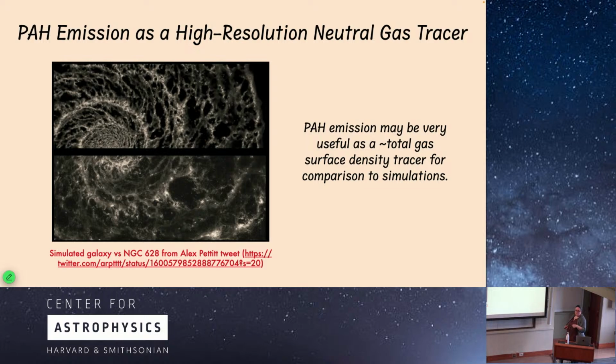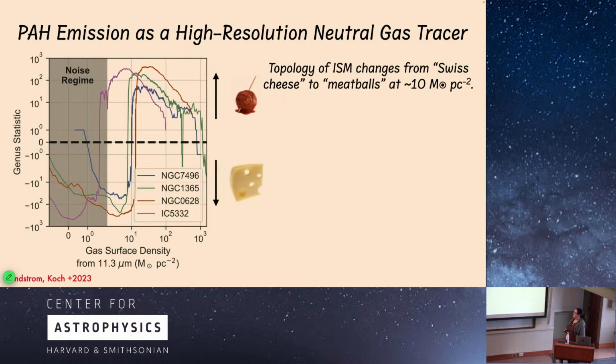So to take advantage of that, Eric and I did something that was kind of fun. So let me explain this real quick. From the images of the galaxies you see in FANGs, you can tell that there are tons of holes in the ISM. So these are bubbles or shells driven by feedback. There's also voids because of dynamical effects in the disk.